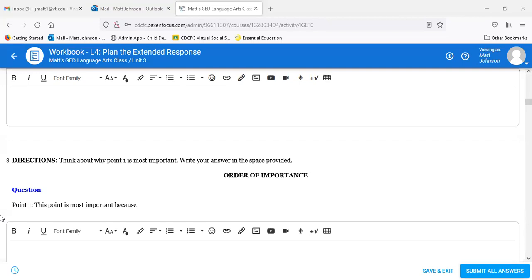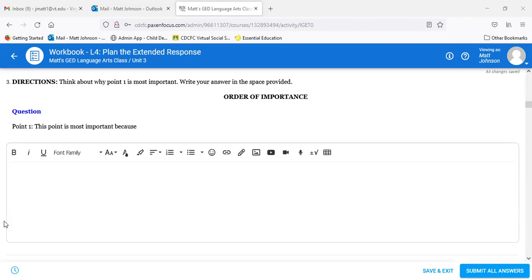I'm more just doing this for the lesson and the exercise. So if you put them in a different way, it's entirely up to you. But as it's asking us, this point is most important because. It's funny, they seem to choose already in the instructions how they want you to do it, so they start with most important.